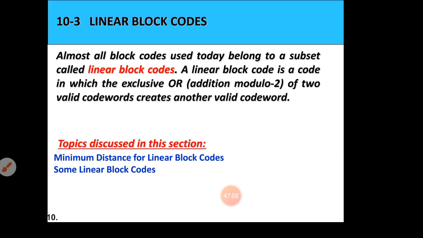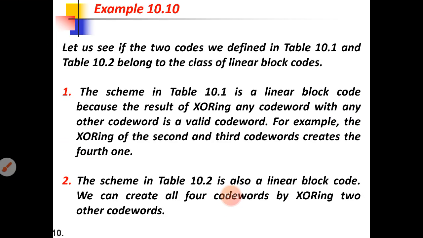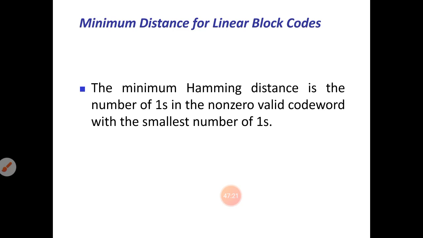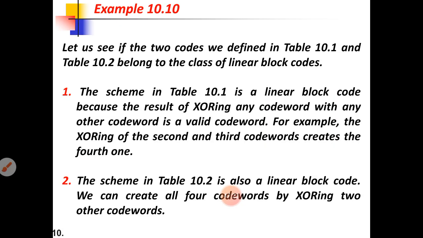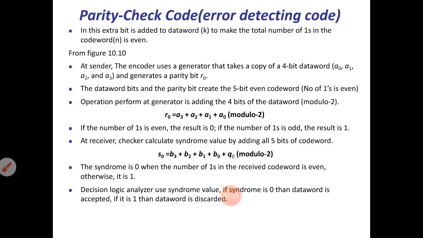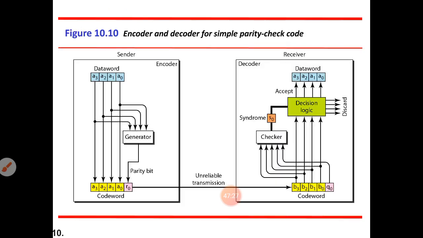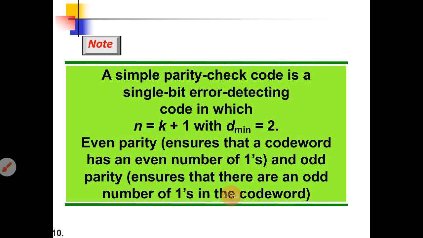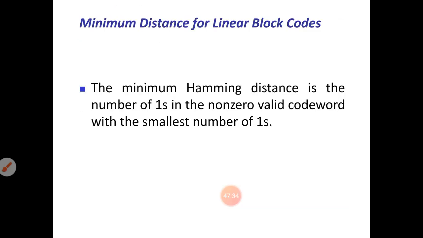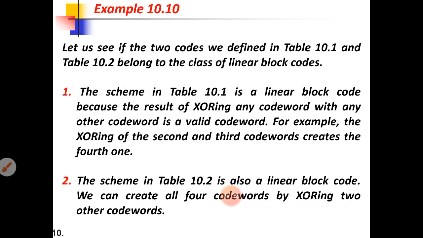Okay. So first we will take one example of a linear block code. You can refer to the table. Okay. So here you can refer to table 10.1.